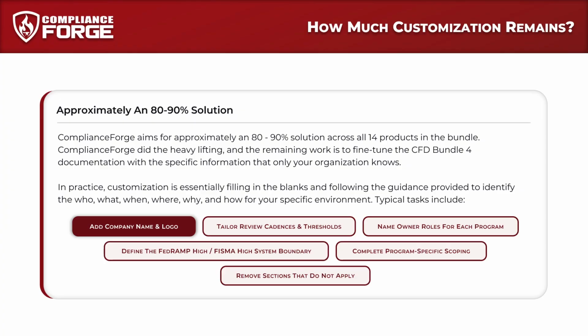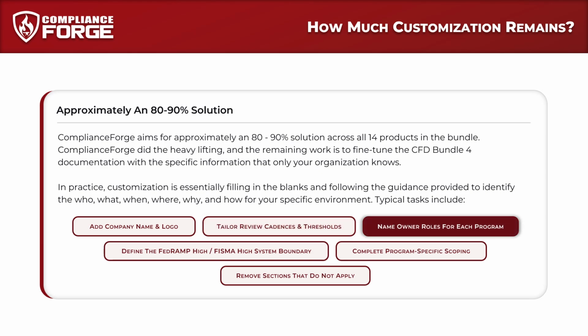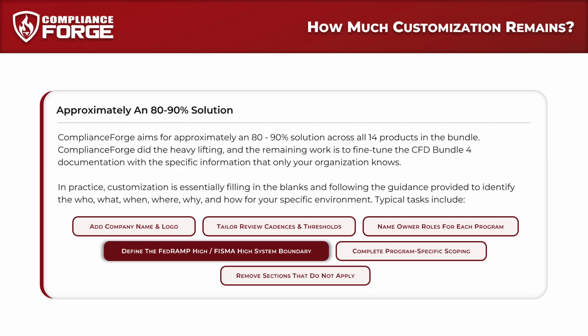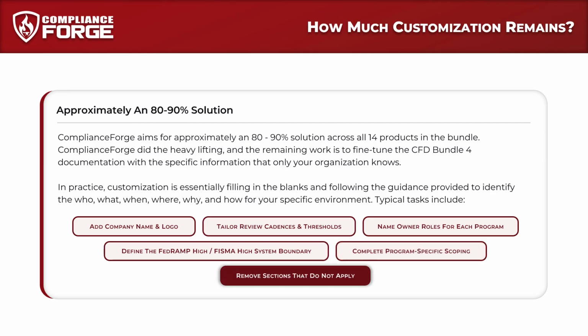In practice, customization is essentially filling in the blanks, adding your company name and logo, which is applied automatically to all documents, tailoring parameters such as review cadences and thresholds, naming specific owner roles for each program, defining the system boundary for FedRAMP High or FISMA High scope, completing program-specific scoping, recovery point and recovery time objectives in the COOP, severity tiers in the IIRP, and patching service level agreements in the VPMP, and removing sections that do not apply to your organization.